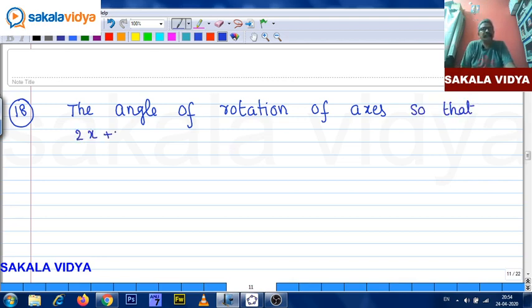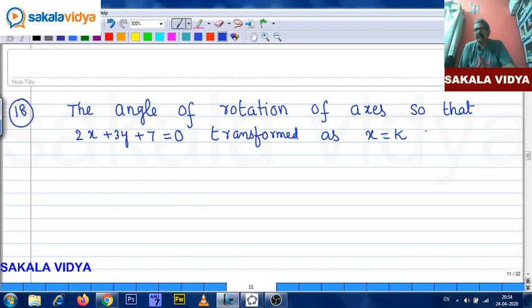2x plus 3y plus 7 is equal to 0 is transformed as x is equal to k, that means here the y term has been eliminated.